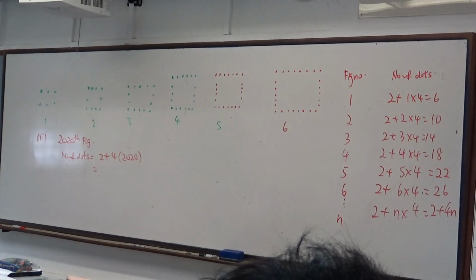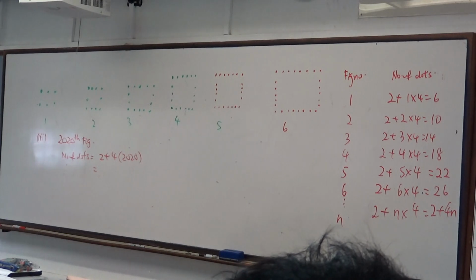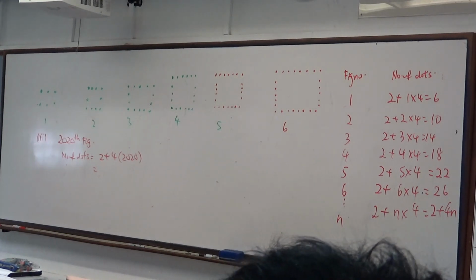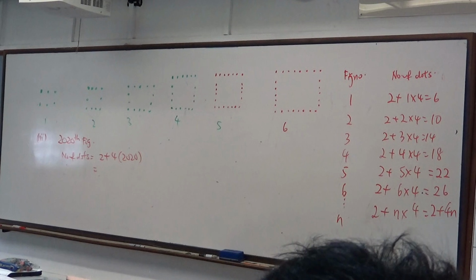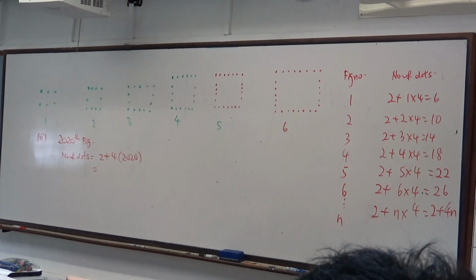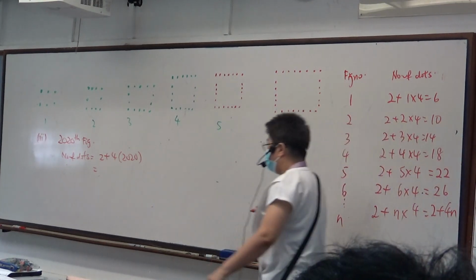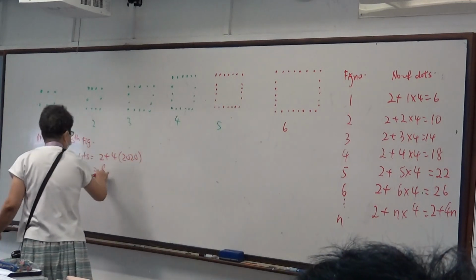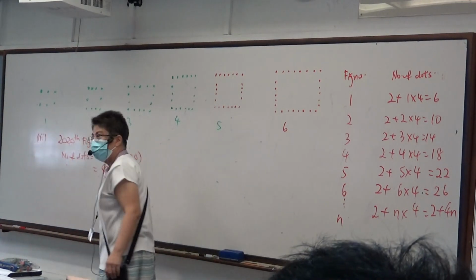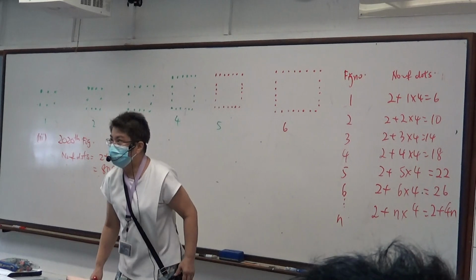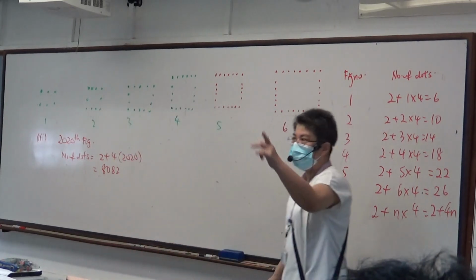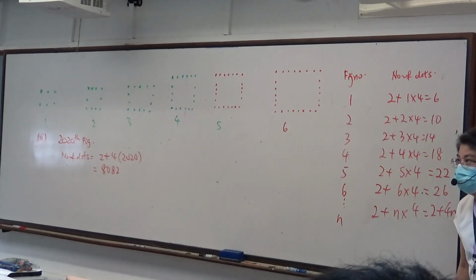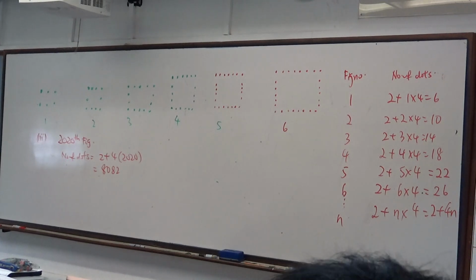Okay. Can you tell me what's the answer? 8082. Do you understand? Okay. Once I have the general formula, can you see that I can do wonders? Everybody okay? Alright, good. Next.